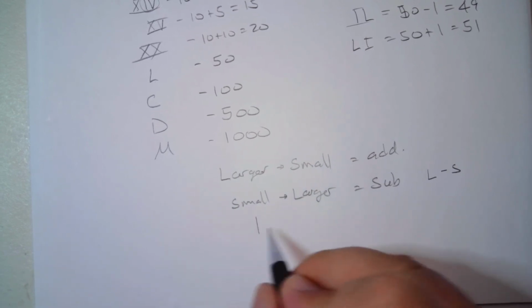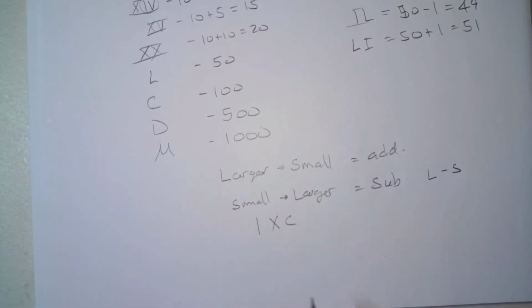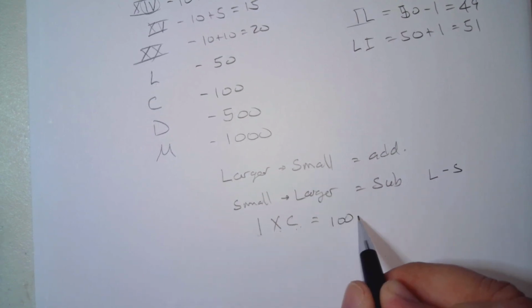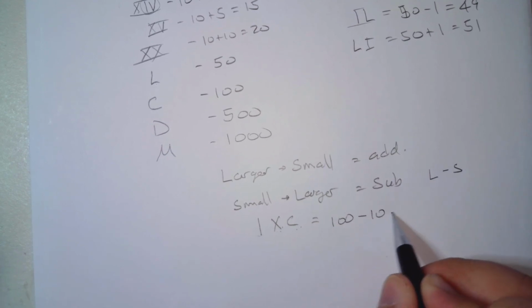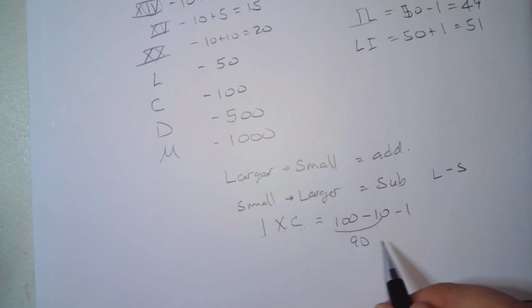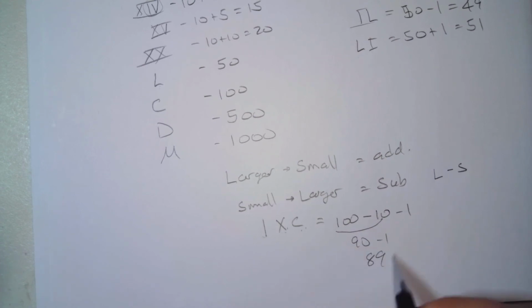So for example, IXC. That's 1, that's 10, that's 100. So since these are in front of the big one, it's 100 minus X is 10 minus 1. 100 minus 10 is 90, minus 1 is 89.